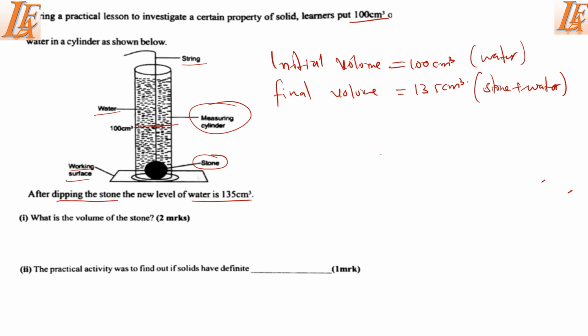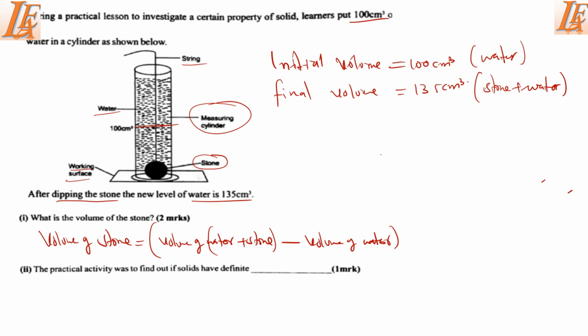Then question 1 is, what is the volume of the stone? For you to get the volume of the stone, you take the volume of water plus stone, then subtract the volume of water alone.